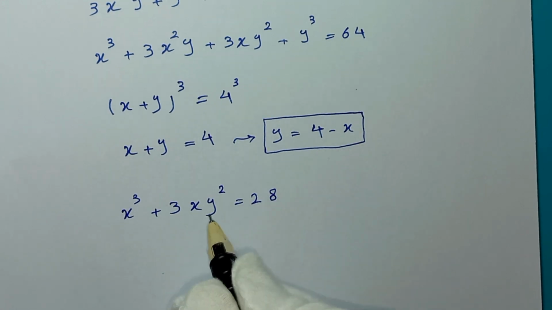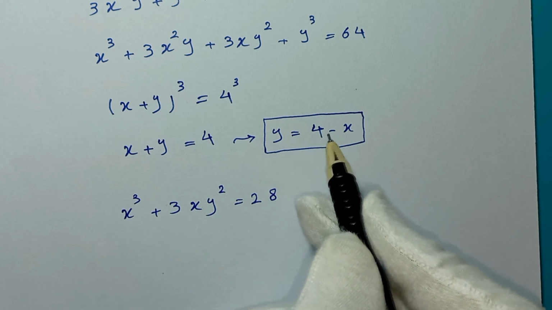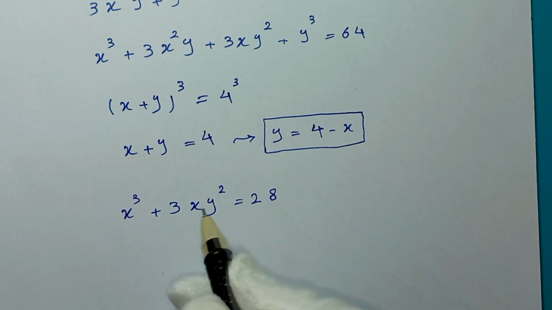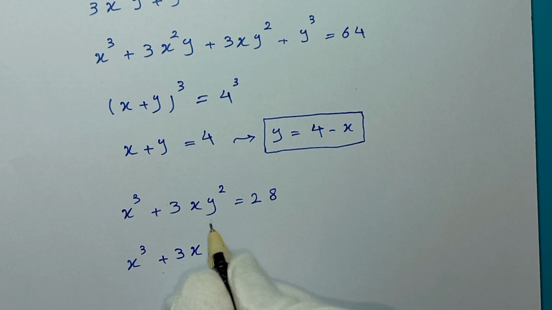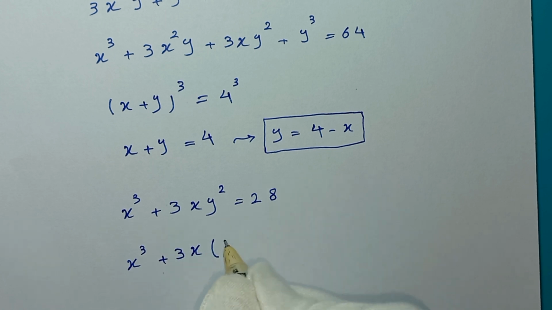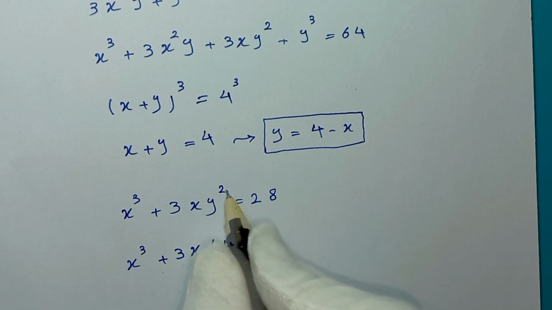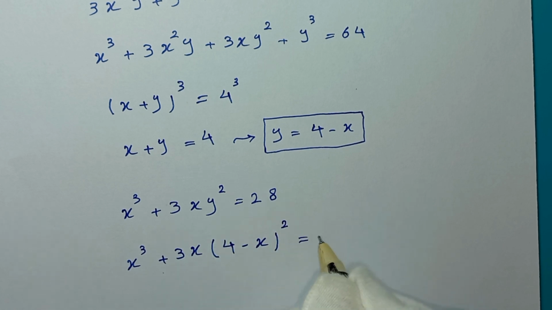And here we have y, and y is 4 minus x, so we can substitute this in this equation. So it will be x cubed plus 3x times 4 minus x to the power of 2 is equal to 28.